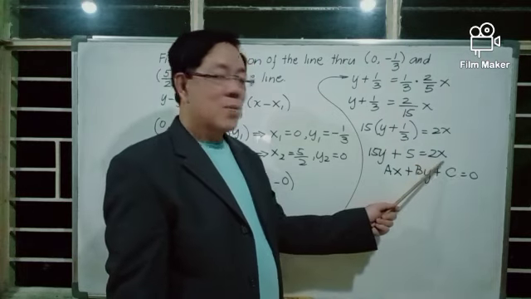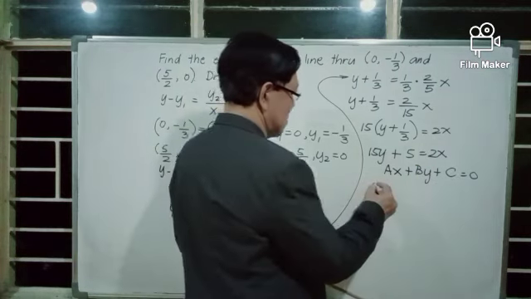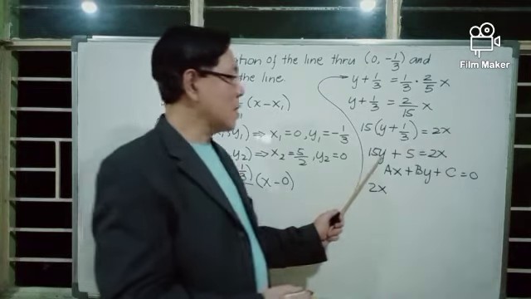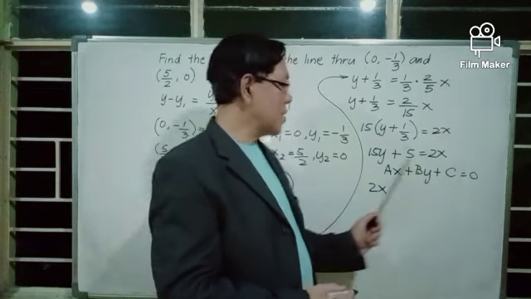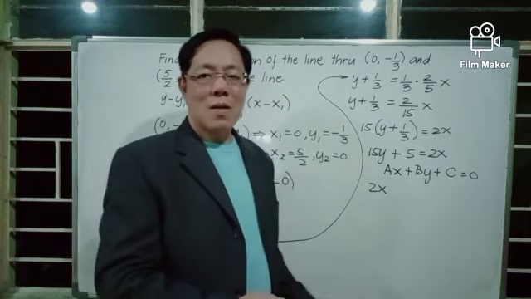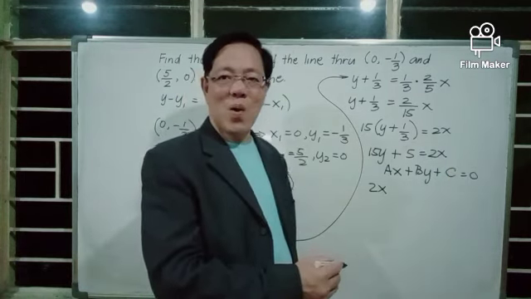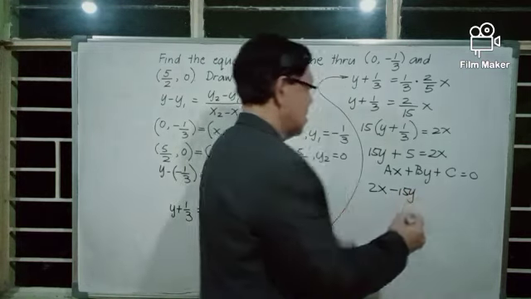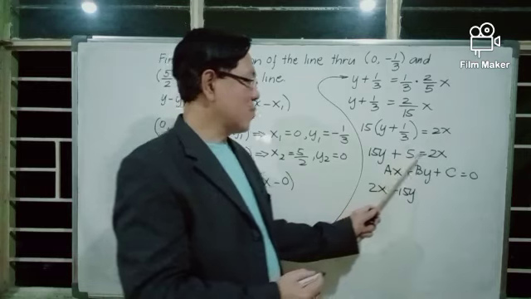At the right hand side we have 2x. Transpose positive 15y to the right. We take the opposite sign of 15. We get negative 15y. And plus 5 we transpose to the right.